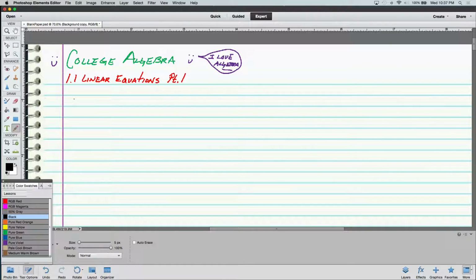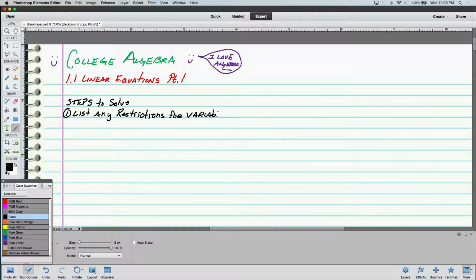Before we get to actually the examples and the problems, what I want to do is list a couple steps that I think will help you no matter which linear equation you come across. So, steps to solve. Step one, we're going to want to list any restrictions for the variable.